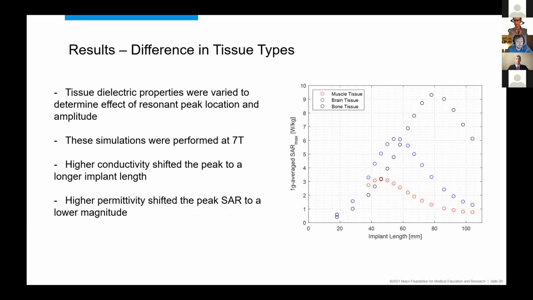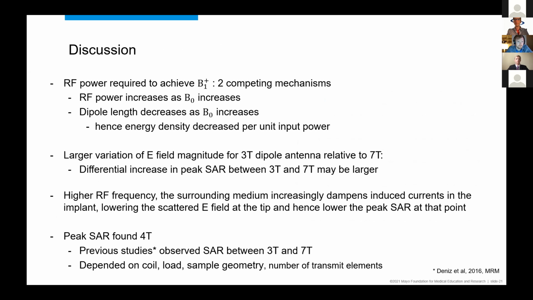And what we found was that adjusting the conductivity value of these tissues can actually shift your resonant peak from a lower implant length to a higher implant length. And by looking at the actual permittivity values, we were able to see that it adjusts the magnitude of that peak, where if you have a lower permittivity value, you'll end up having a higher SAR peak. Next slide, please.